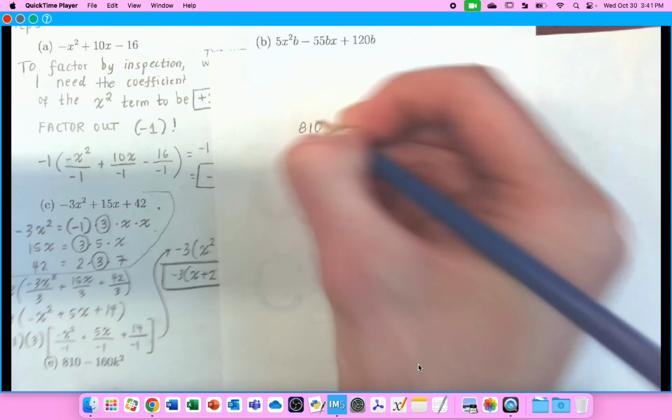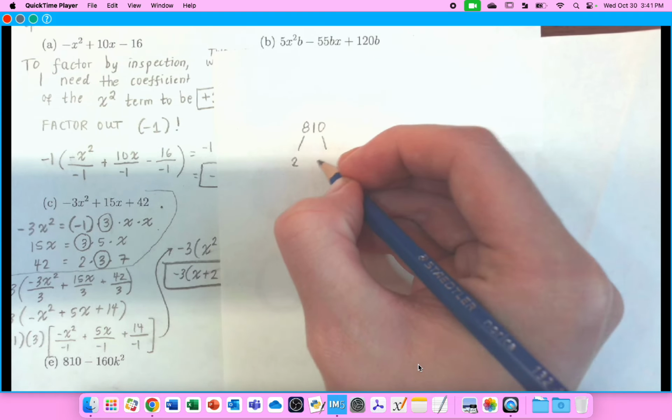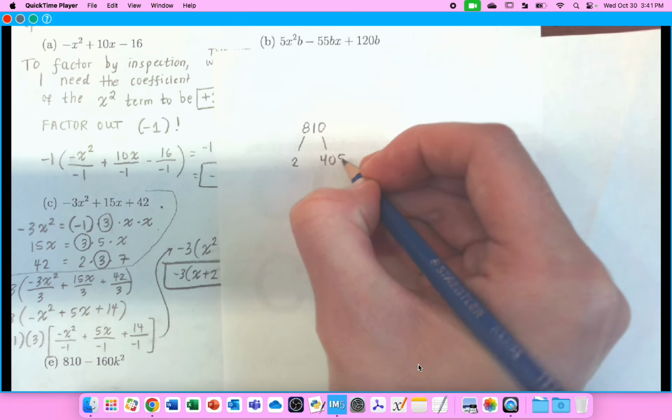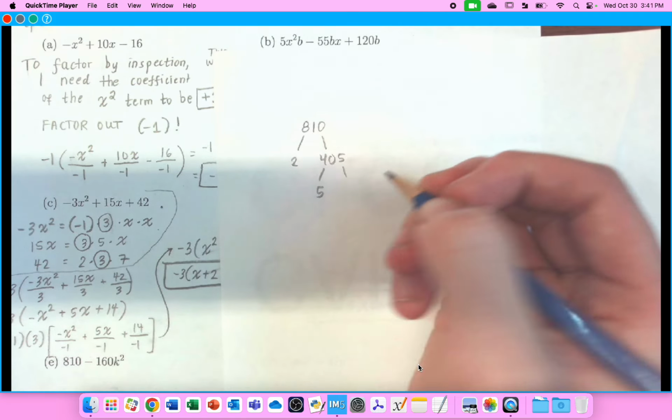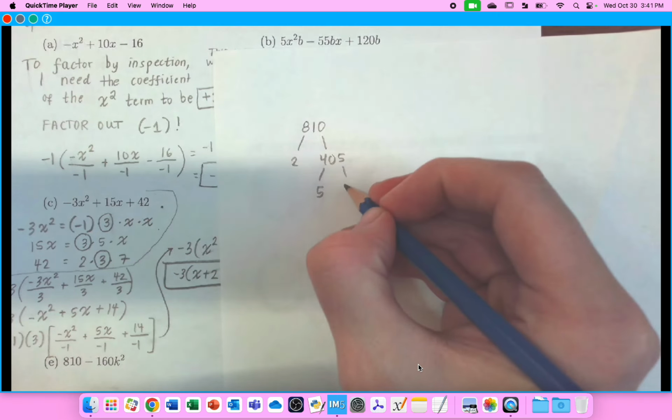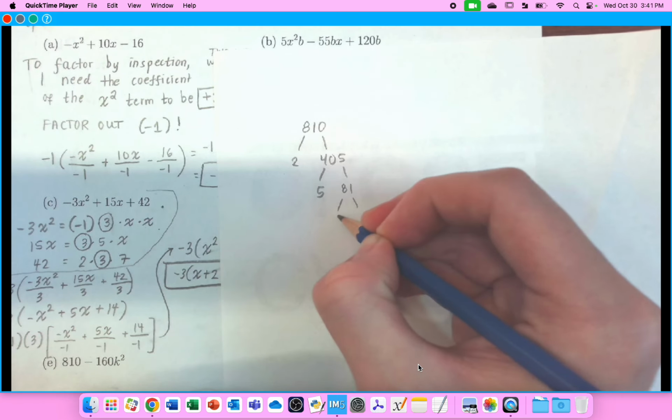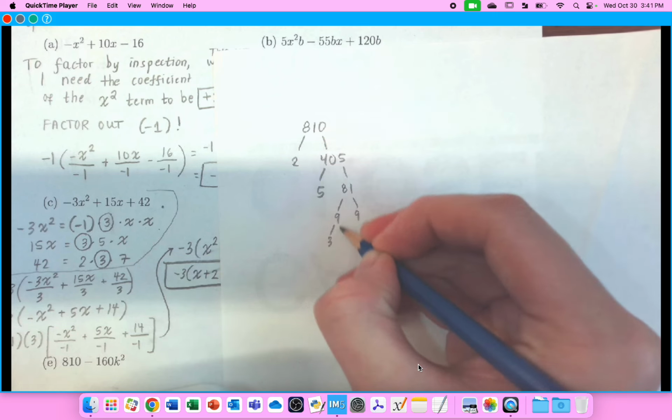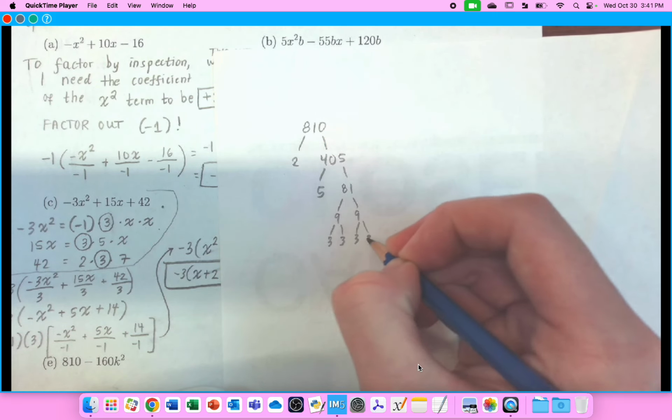810 can be 2 times 405. This is 5 times 405 divided by 5 is 81, 3 times 3 times 3 times 3.